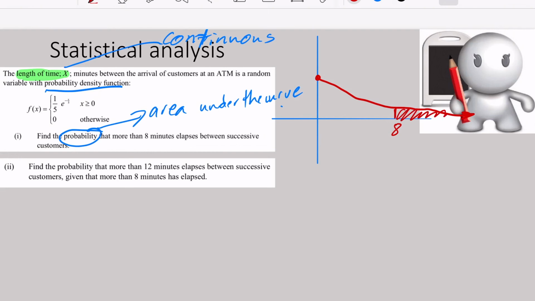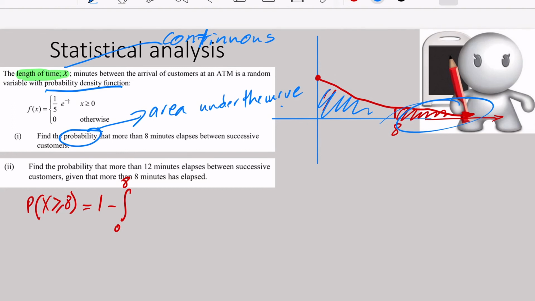Because this function goes all the way up to infinity, the probability that x is greater than or equal to 8 is going to be equal to 1 minus the integral from 0 to 8. I'm going to calculate this area over here and take it away from 1, because we know that the area under the probability density function is always equal to 1. That will allow me to calculate the area under the curve from 8 onwards.